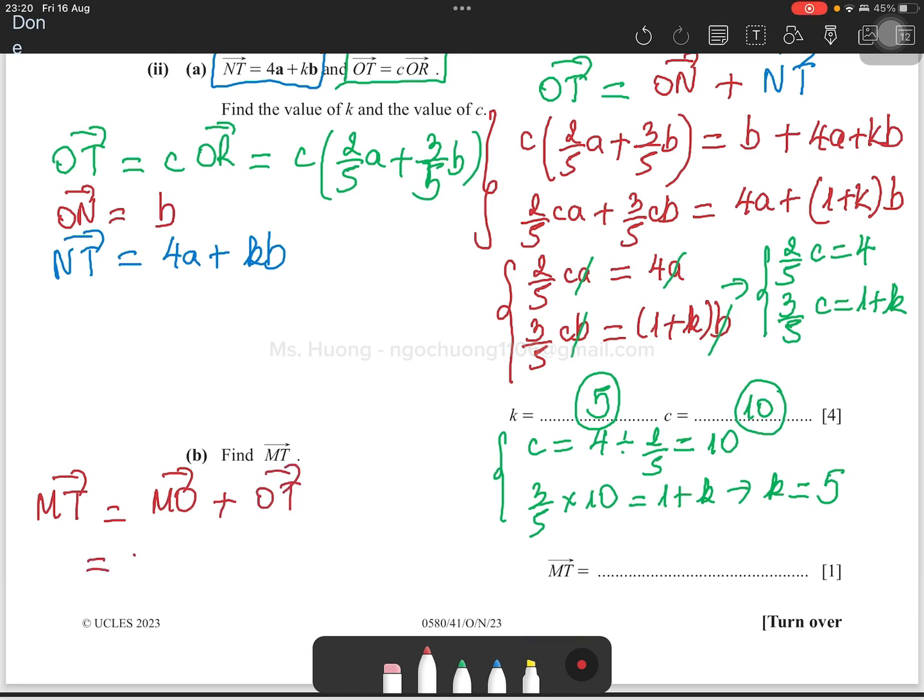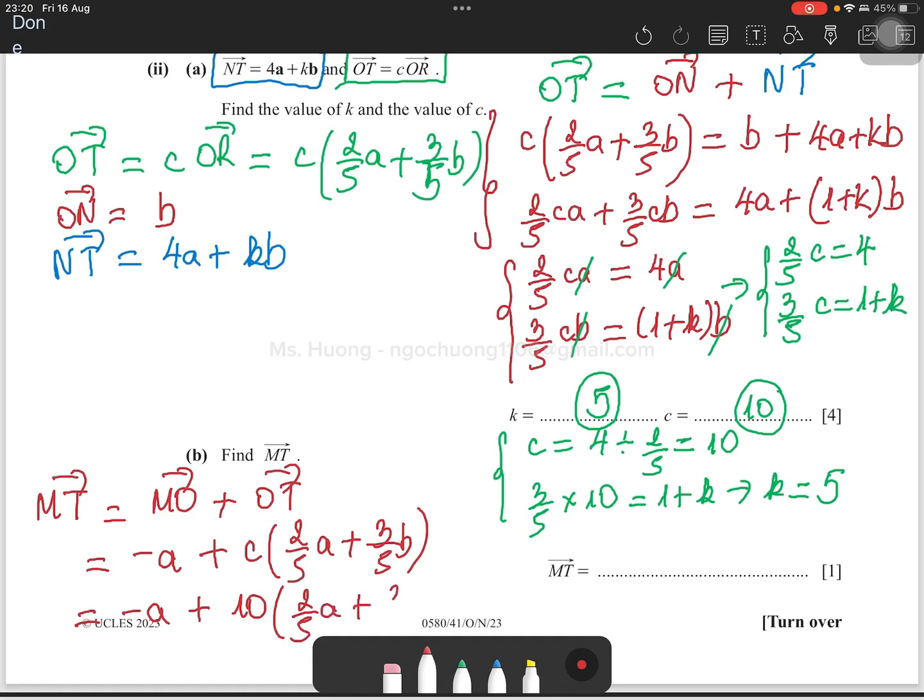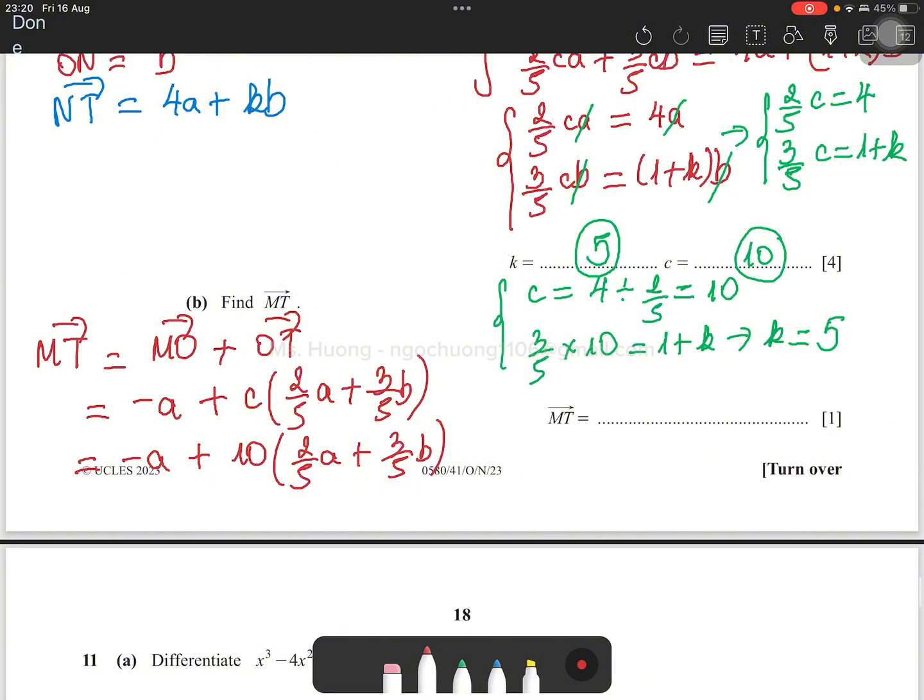MO is the inverse of A, and the vector OT is C multiplied by 2/5 of A plus 3/5 of B. And you know that the value of C is 10, so this is 10 times 2/5 of A plus 3/5 of B. Now we expand the brackets.